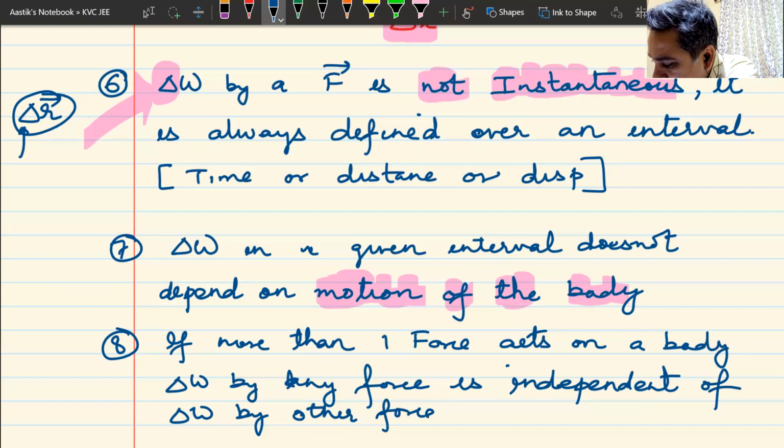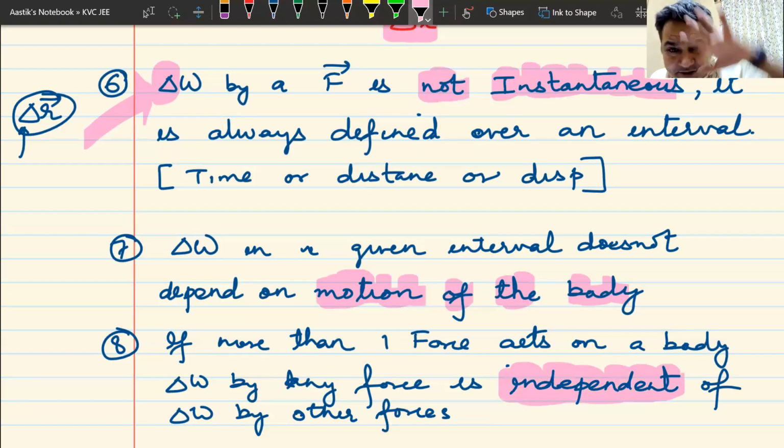So, for example, I have 5 forces acting on a body: friction, normal reaction, if I call them as different forces, then some other force, then spring force, then gravitational force. I have 5, 6, 8, infinite forces acting on a body.